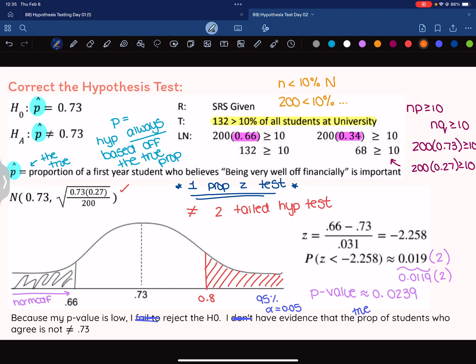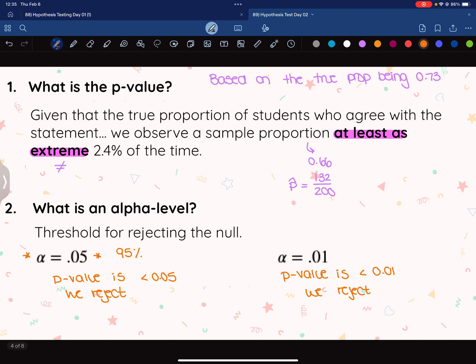This would have been slightly above. With the 5% level we did reject, but in this case, with this 2.4%, we would fail to reject here. And it's okay either way.